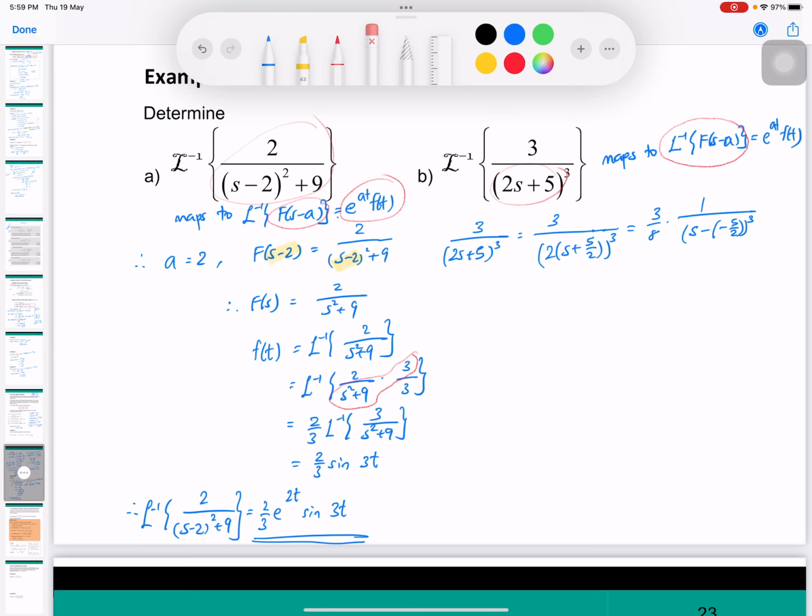That means f of s minus a equals to this thing here, 3/8 times 1 over s minus a to the 3, because our a now is minus 5/2.